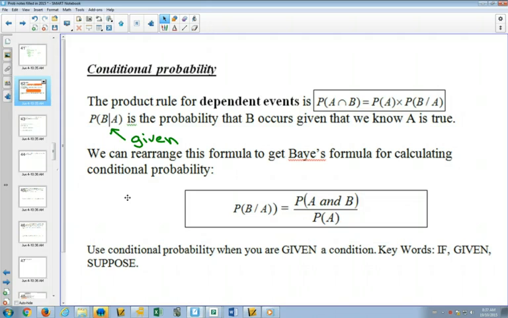But I'm not telling you what my first card was. So we're looking for a condition that's already been given. I gave you the condition that the second card I pulled out was an ace. What is the probability that my first one was? Then rearranging this formula will help us solve those.